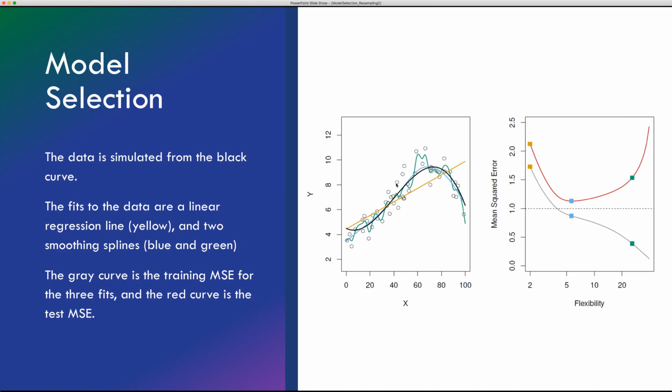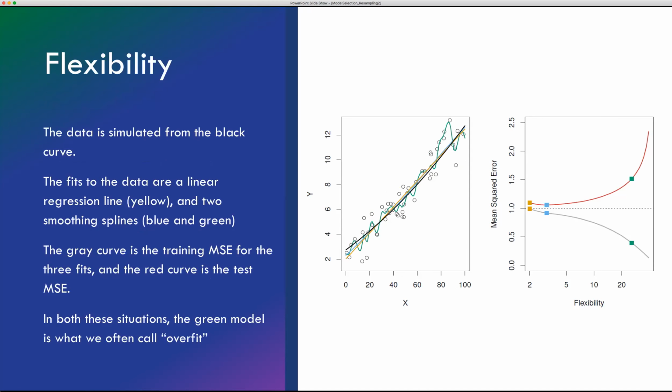But that would actually give us a problem called overfitting. We will talk about that in a second. And I actually covered most of the material here already.